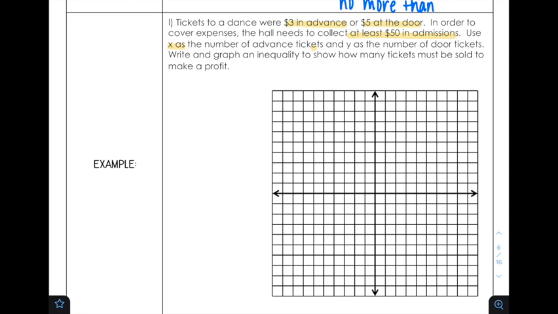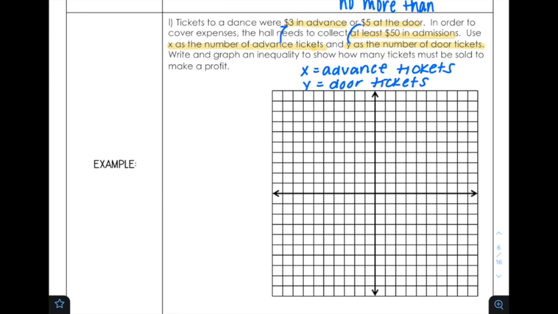And then they're also giving us the variables for each one. So we have X is advance tickets, and Y is the number of tickets sold at the door.